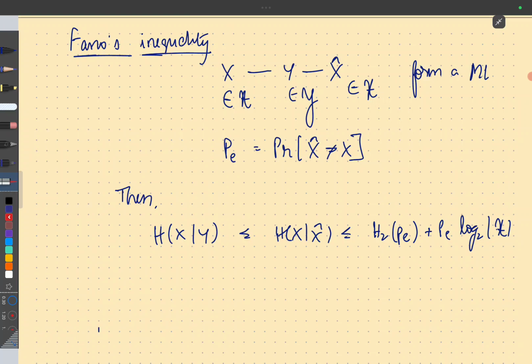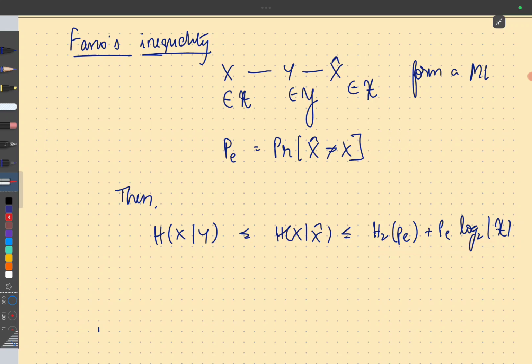Suppose I have some estimator for which the probability of error is very, very small. Then what must it mean intuitively? It must mean that given x hat or given y, the amount of residual uncertainty in x should be small. If not, the probability of error should be large.